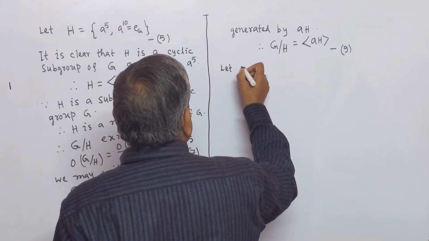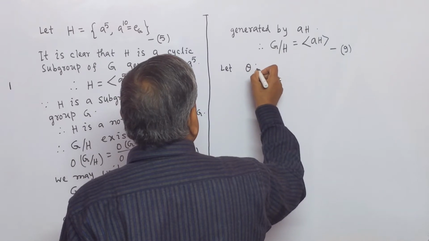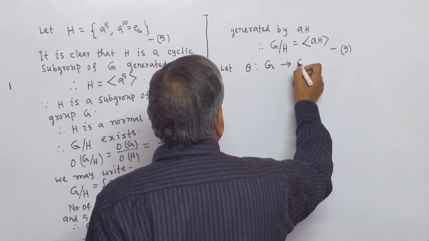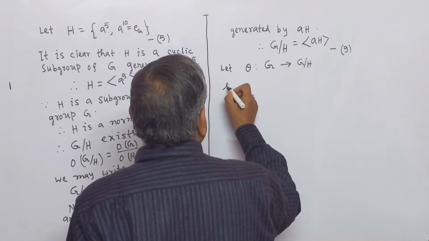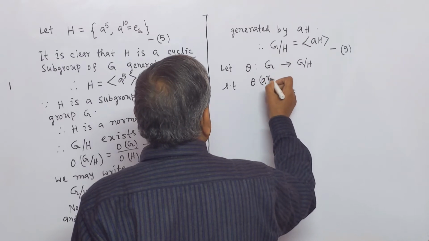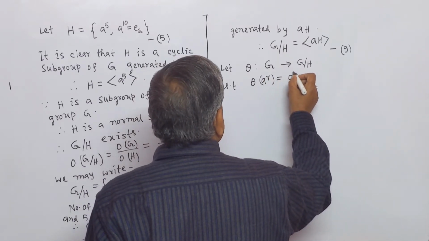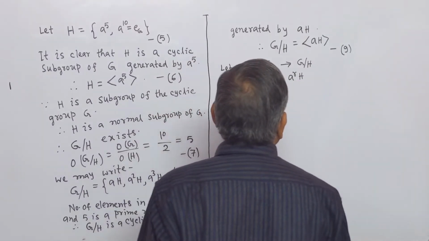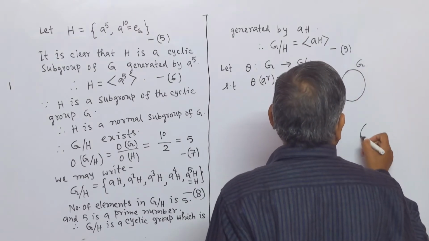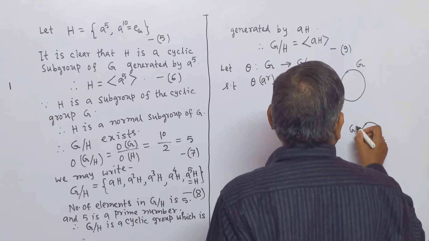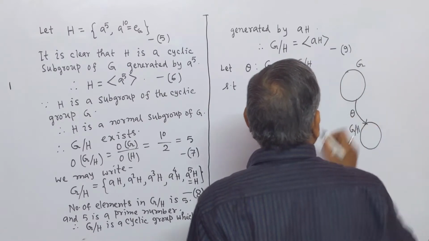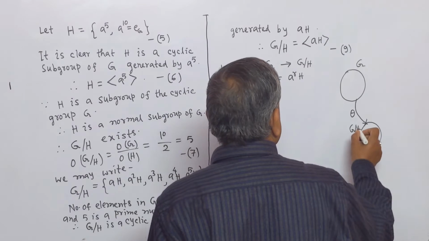Let theta is a mapping defined on G into G by H such that theta of A to the power R equal to A to the power R H. Here this is G, this is G by H and theta be a mapping defined on G into G by H quotient group.